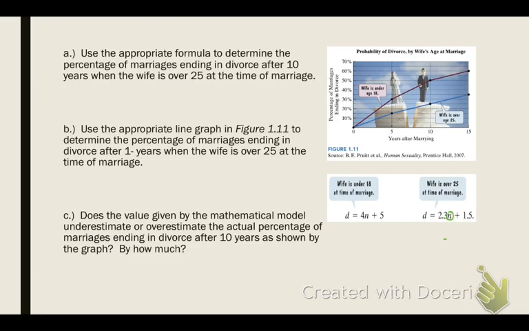How many years have they been married? No, second question, so after 1 year. So aren't I just going to go 2.3 times 1 plus 1.5? Whenever I do that, 2.3 plus 1.5, I've got about a 3.8% chance of them getting a divorce.